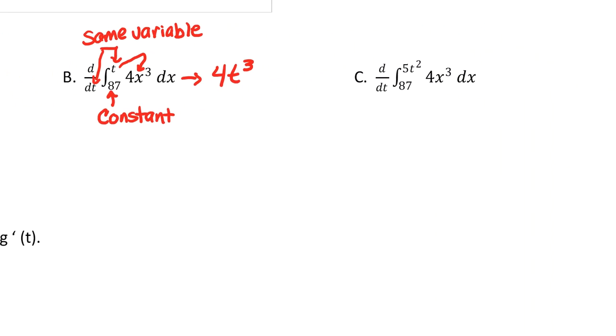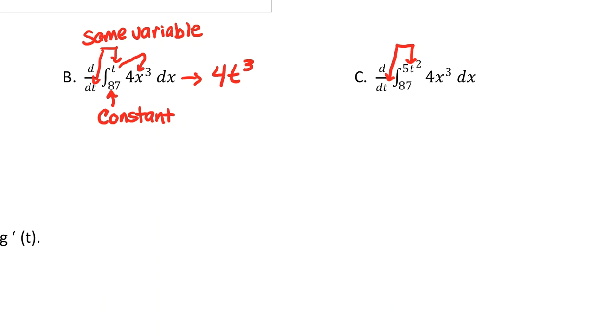In our next example, the difference now is we still have to check that this upper limit contains our same independent variable. We're differentiating with respect to t, and our upper limit is t, and our lower limit is a constant.